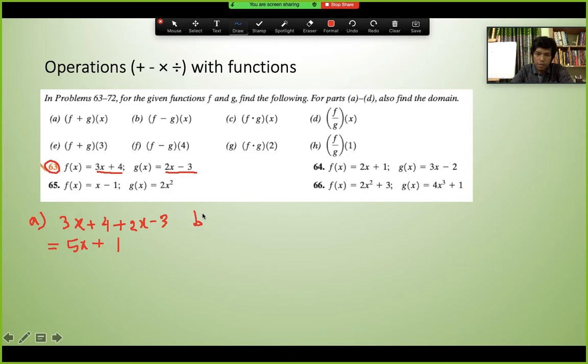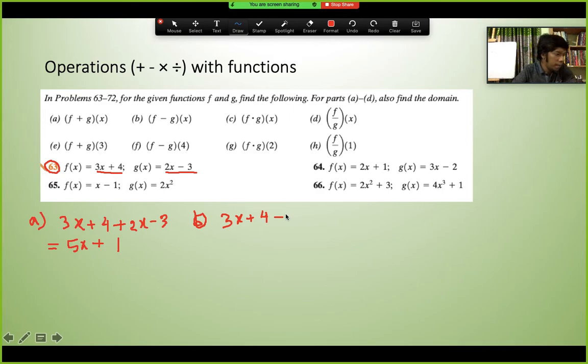Now part b. Part b is subtraction, same thing, but it will be subtraction. So it will be 3x plus 4, then for the minus, we give a minus here, then this is 2x minus 3. But you know that if we multiply by a minus sign, all the signs inside will change.